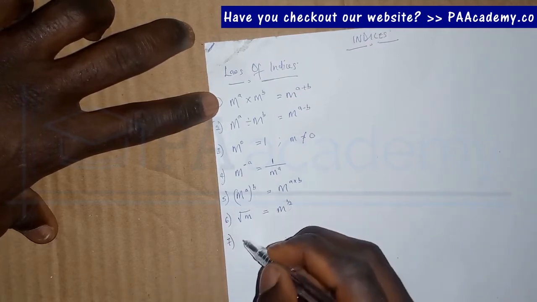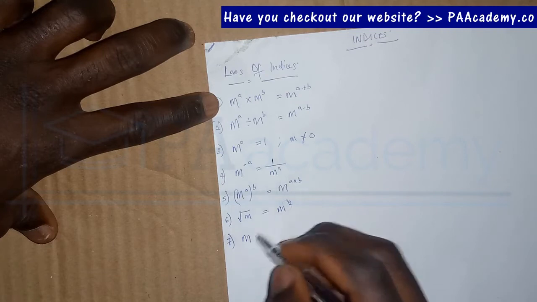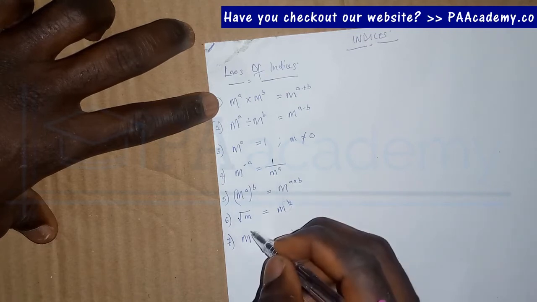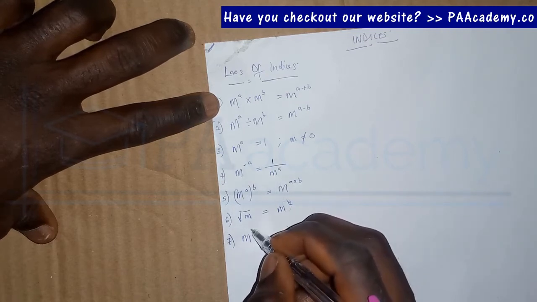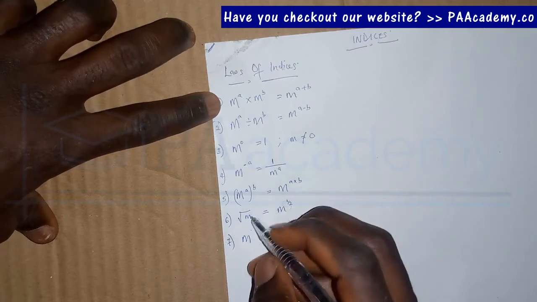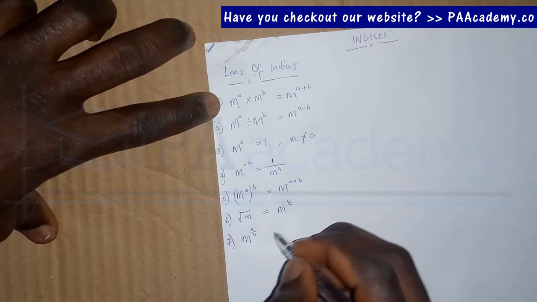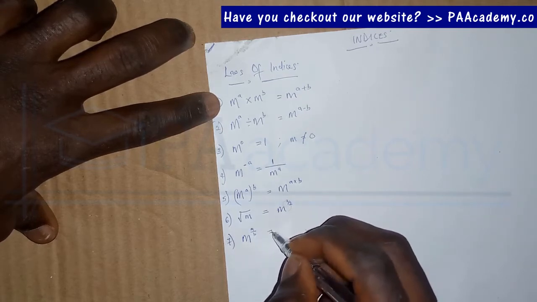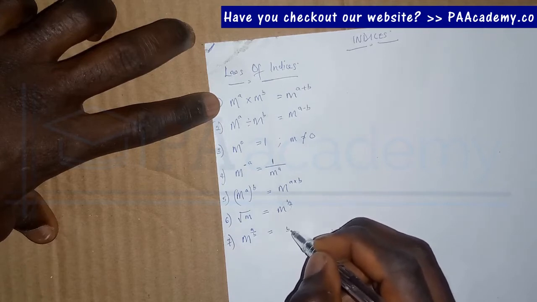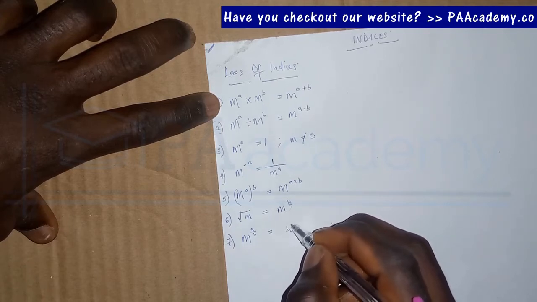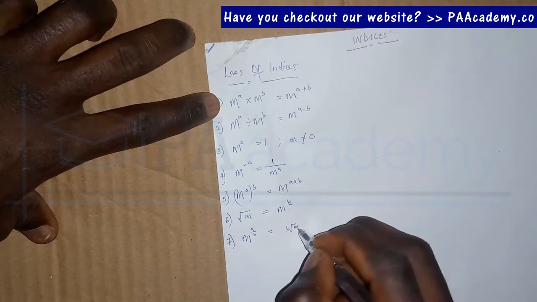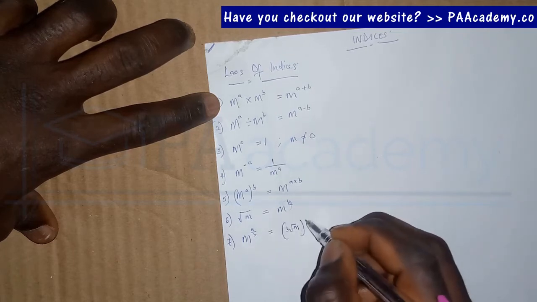If you're also having m raised to power, let's still use alphabet, m raised to power a over b, this is the same as having the b-th root of m, all raised to power a.